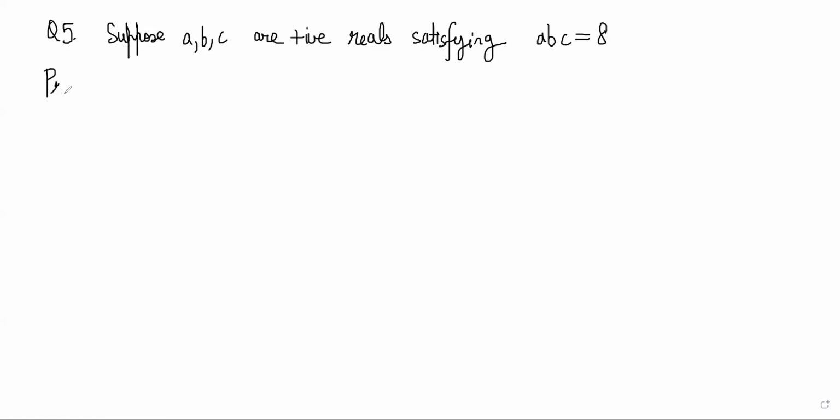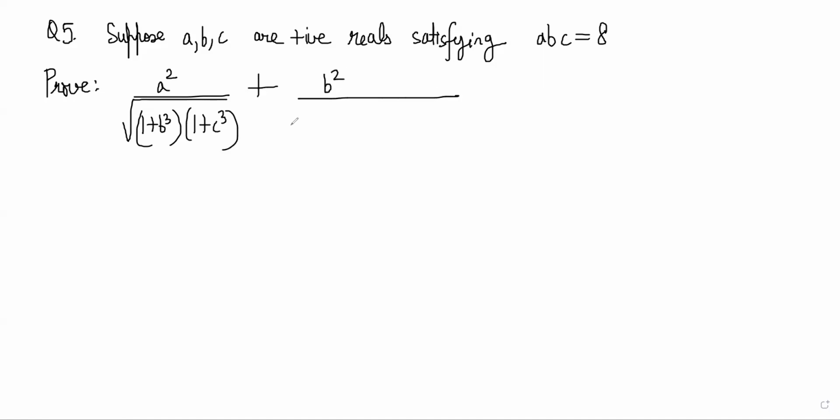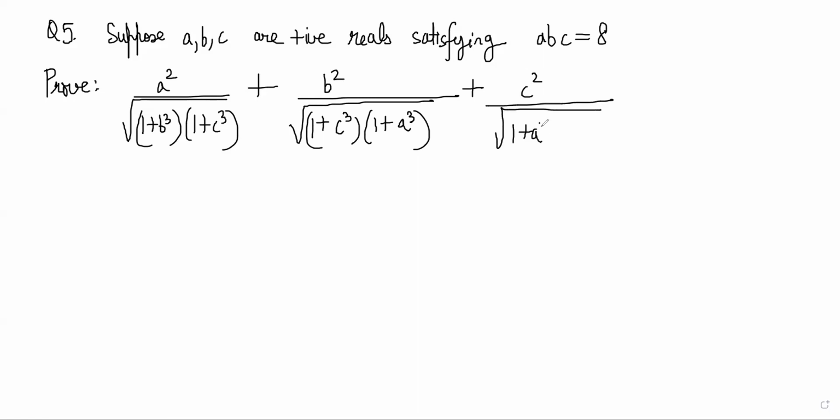We have to prove that a square by root over 1 plus b cube multiplied by 1 plus c cube plus b square by root over 1 plus c cube multiplied by 1 plus a cube plus c square by root over 1 plus a cube multiplied by 1 plus c cube is greater than equal to 4 by 3.